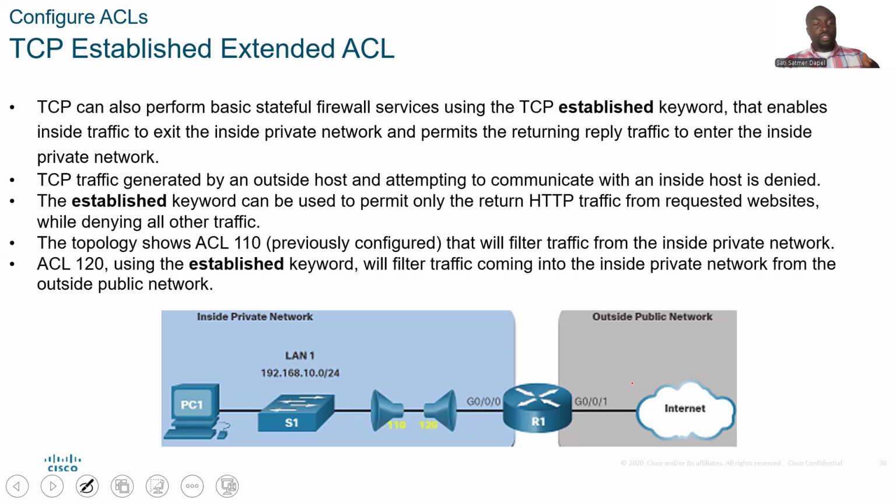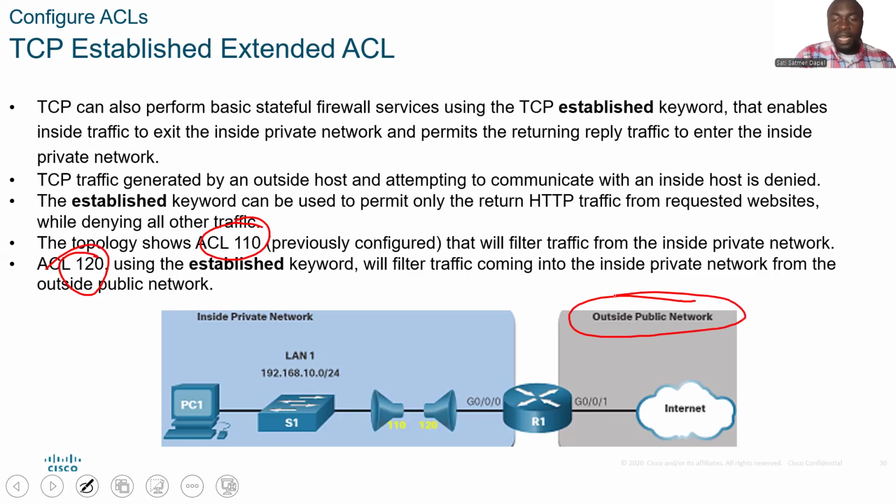So the topology shows access list 110 previously configured that will filter traffic from the inside private network. Okay. And then access list 120 using the established keyword will filter traffic coming into the inside private network. So this is what we're talking about.